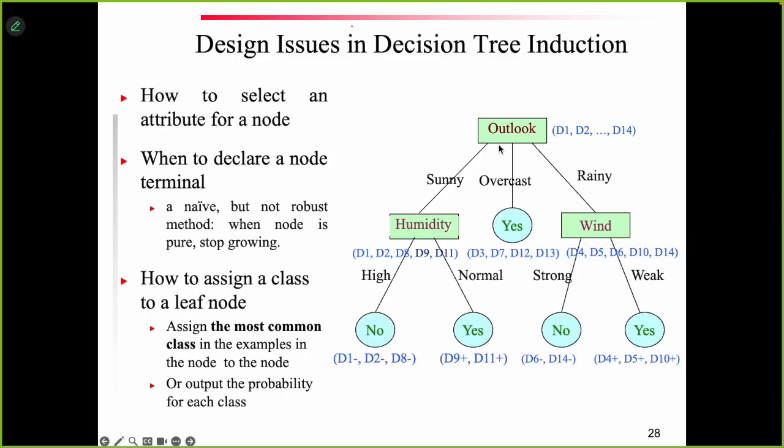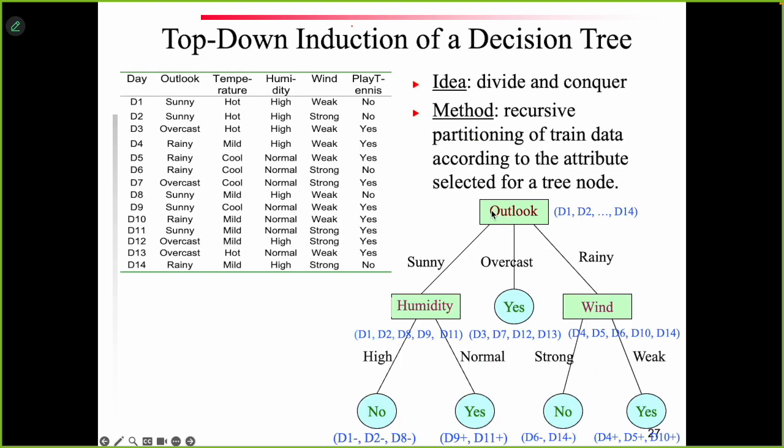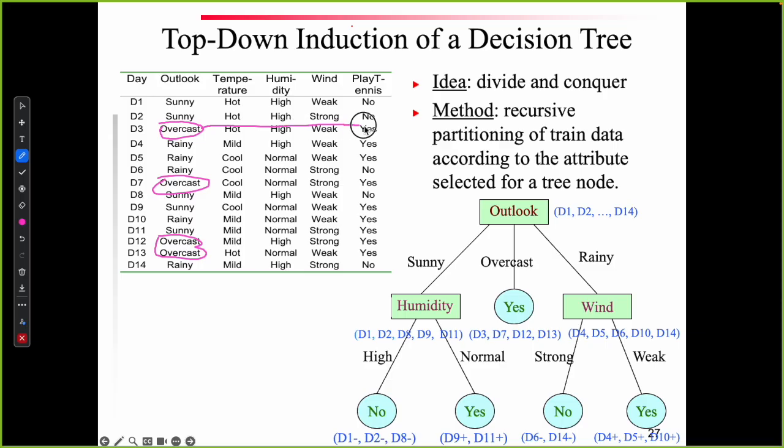As I mentioned, looking at your data, which days is the outlook overcast? D3, D7, D12, and D13, right? What are the class labels there? This one is yes, this one is yes, this one is yes, and also this one is yes.